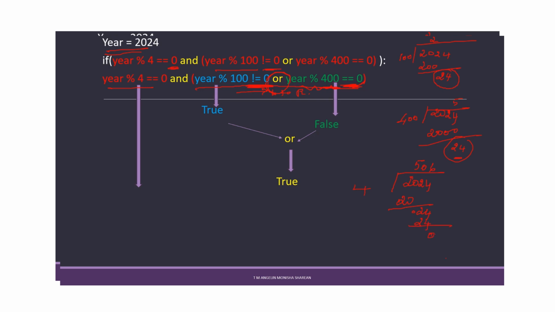So my remainder is 0. Obviously it is also saying that the remainder has to be 0, right? So it is true. Here comes the next operator, the logical AND operator, which is going to compare these two Boolean values. So true and true will give you the answer as true. This entire statement has been solved and given a single answer as true.